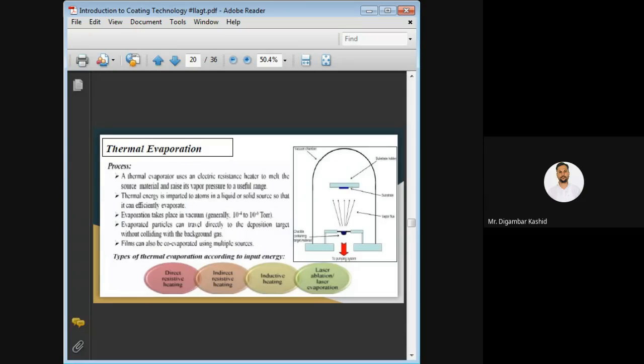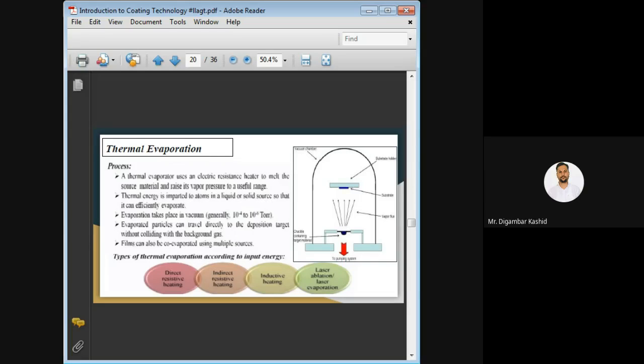We give heat so that it agitates due to the heating and releases atoms or molecules, which then go directly onto your substrate.